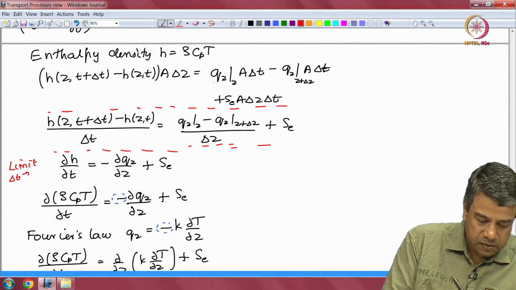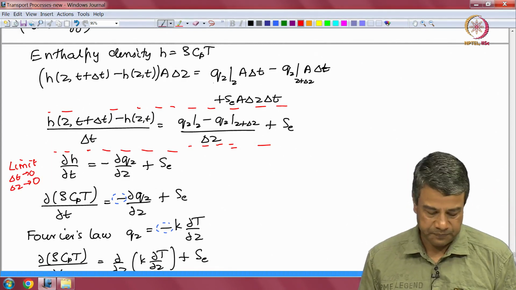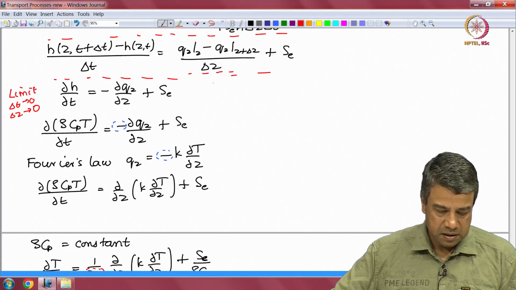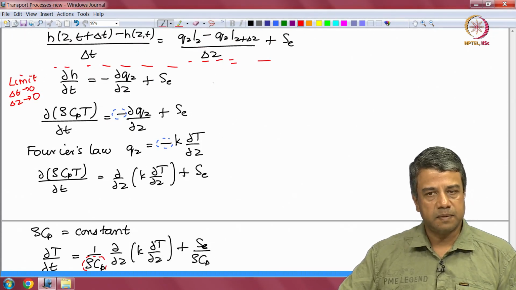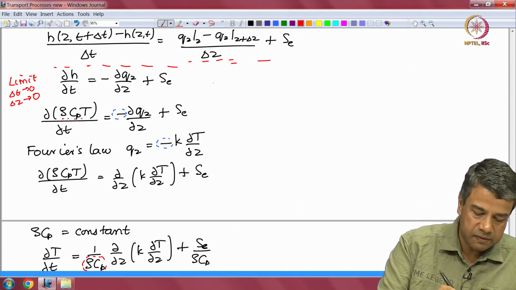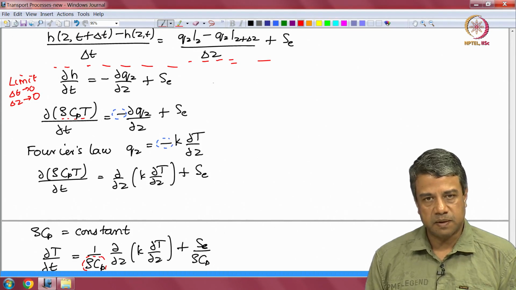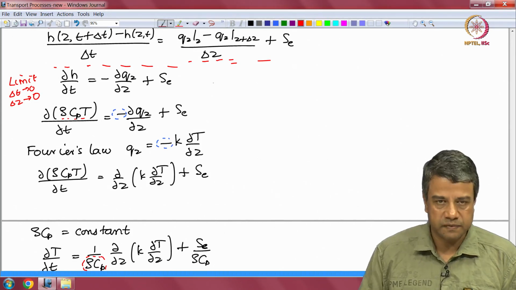Delta t goes to 0, delta z goes to 0, the differences become partial derivatives. And then I had substituted for the enthalpy density. The time derivative of the enthalpy density is equal to the time derivative of rho Cp times T, is equal to minus partial q z by partial z plus the source of energy.